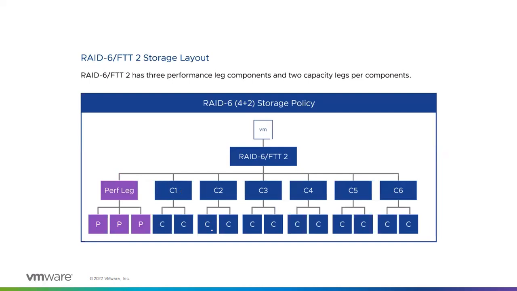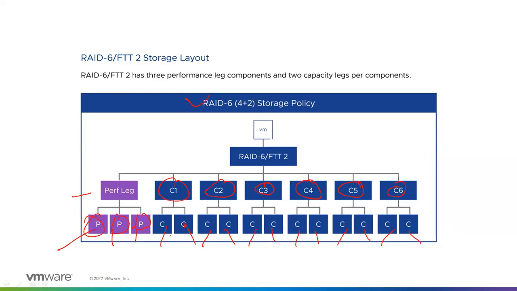So this is an example of RAID 6 FTT2, 4 plus 2 manner. What we read in RAID 6 FTT2: how will my perf leg be written? It will have 3 child, and my capacity leg will have 2 child. These are the 2 child, and those will be split across multiple nodes, right?